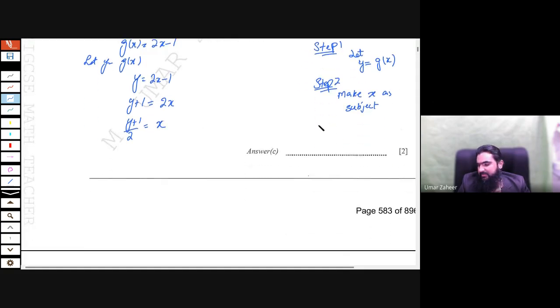Now in the third step, you have to replace x with the inverse of the given function, and y with x. So you will get that x plus 1 divided by 2 is equal to g inverse of x.